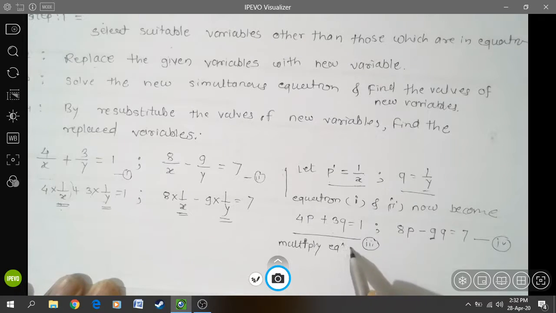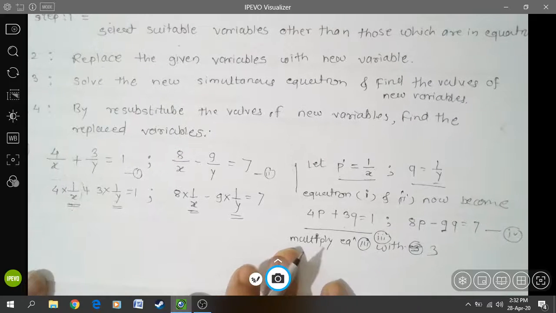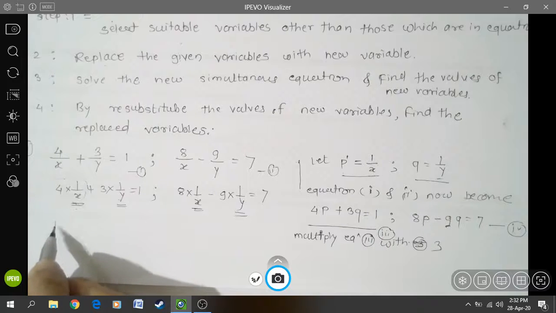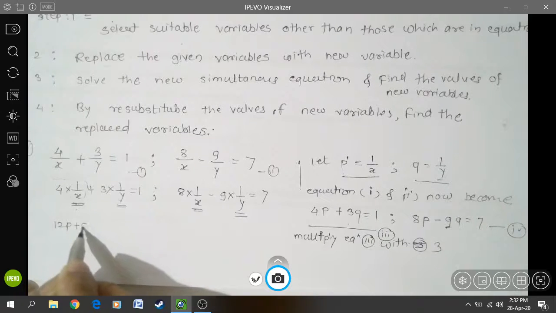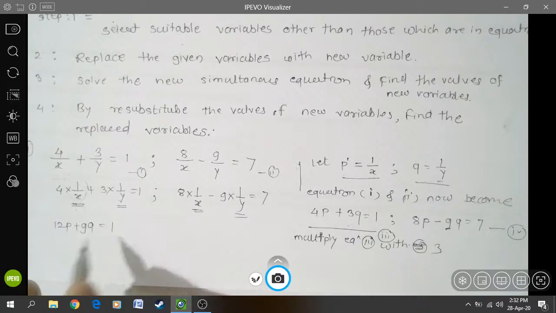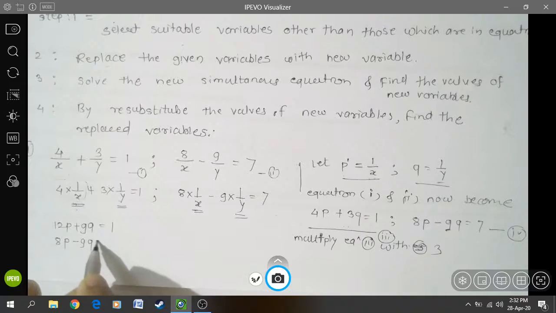So we will multiply equation 3 with 3. What will happen is equation 3 will become 12p plus 9q is equal to 3, and equation 4 as it is, 8p minus 9q is equal to 7.